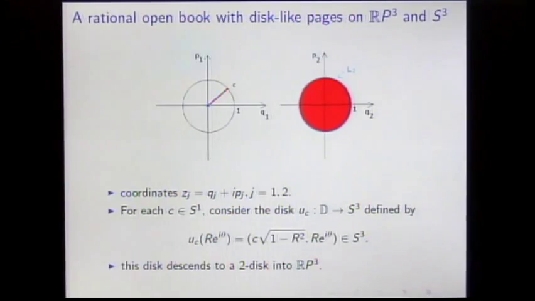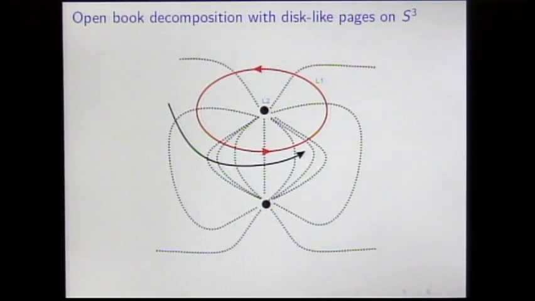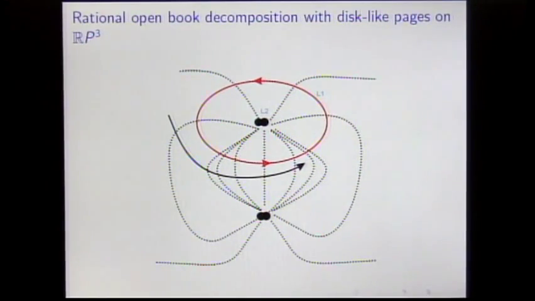So the picture on S3 seems like that. It's just L2, which is the binding of this open book decomposition with disk-like pages. And the flow determines a first return map for each of the pages. But when we consider RP3, it's almost the same thing.